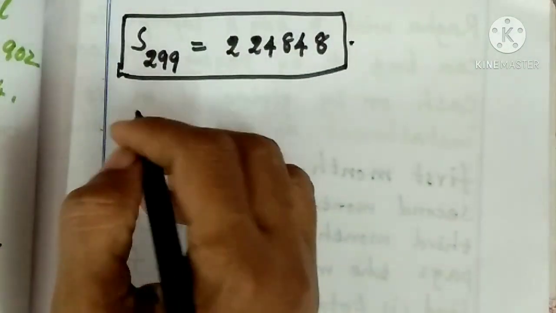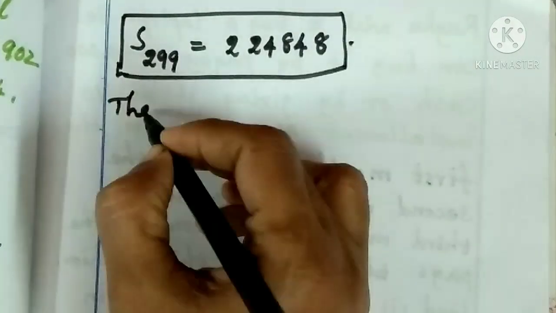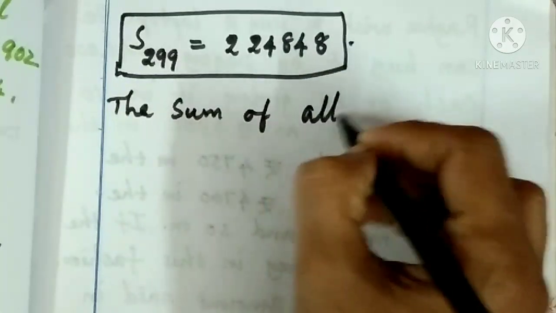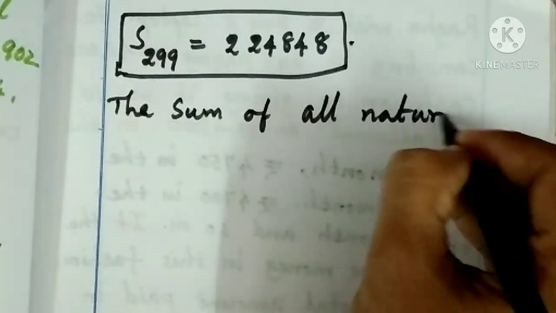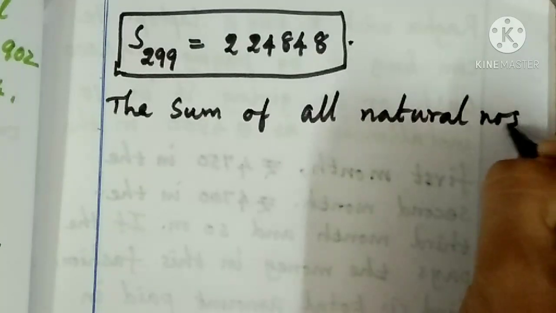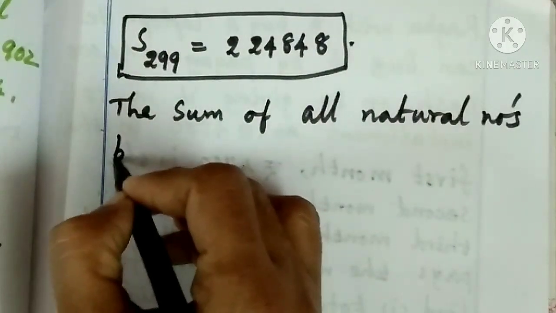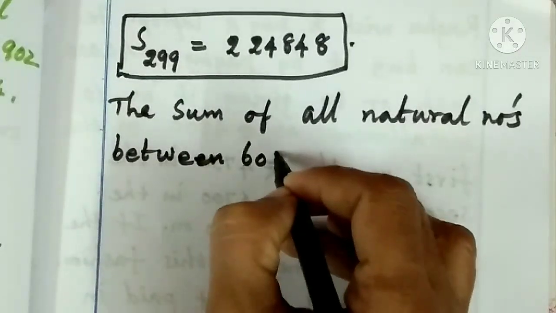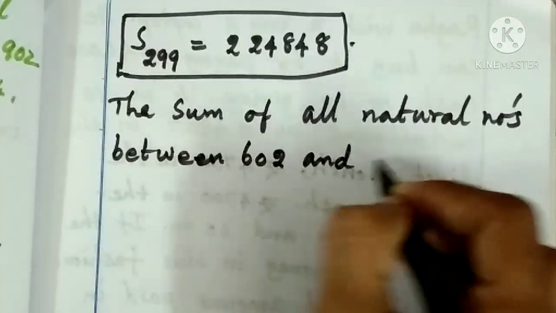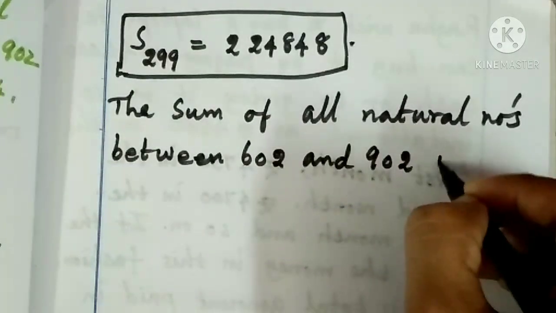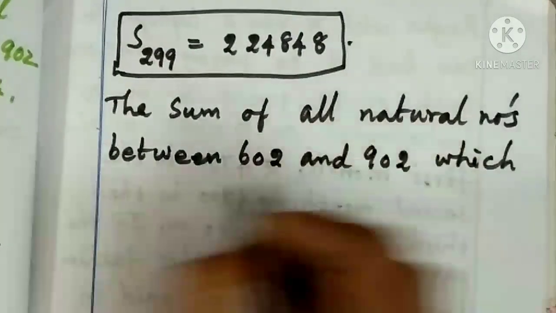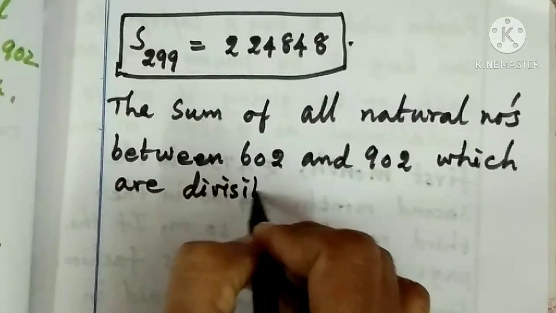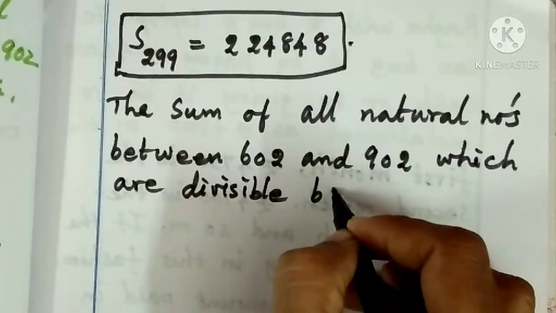Next, we have to find the sum of all natural numbers between 602 and 902 which are divisible by 4.